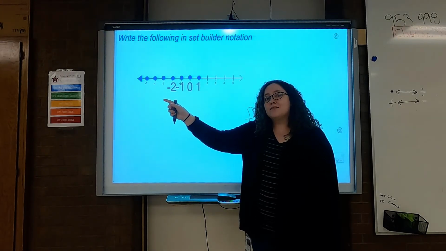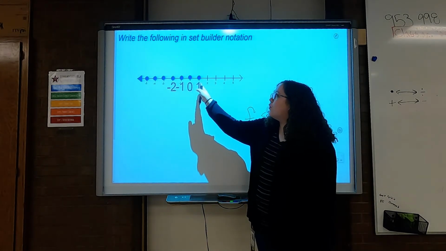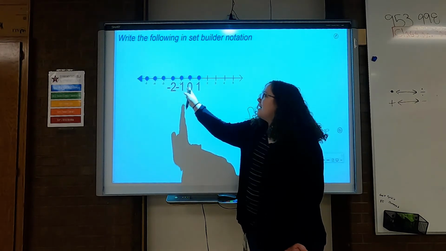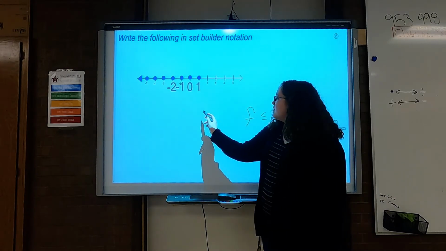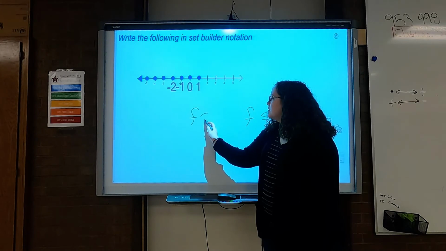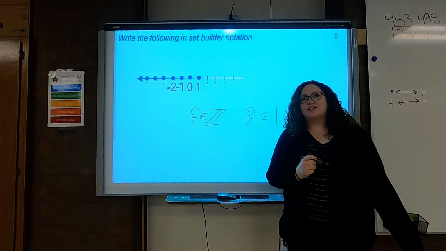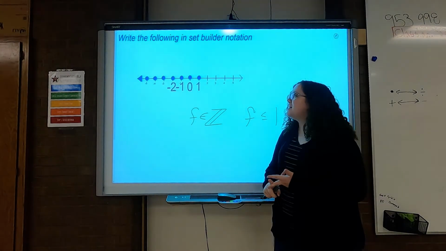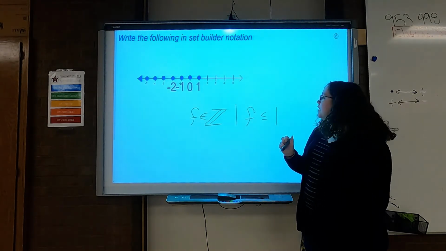It's a bunch of dots, which means we are not including the numbers in between our 1 and our 0, nothing in between 0 and -1, nothing in between -1 and -2, and so on. So this is not actually just an element of the reals. This is an element of a specific set of the reals, our integers. So we don't include any of the fractions in between, we don't include any of the decimals, it's just the integers, such that F is less than or equal to 1. And funky chicken.